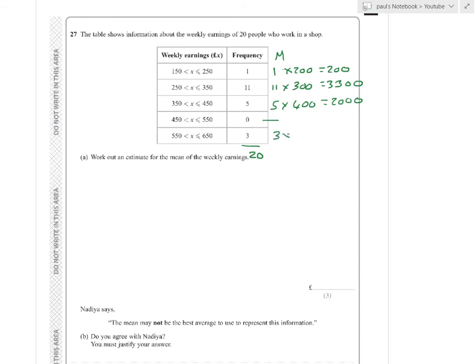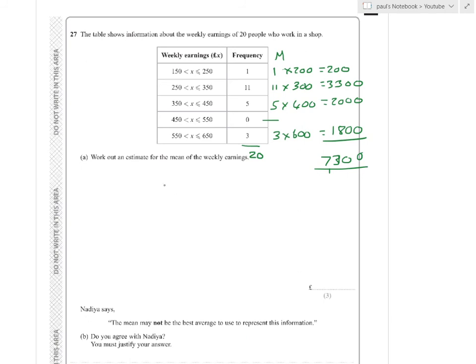And 3 times 600 is 1,800. Let's add all these up together. 0, 0, 3 and 8 are 11. Oh no, get these in order. 13, sorry, it's 13. And then we've got 3, 4, 5, 6, and 7.